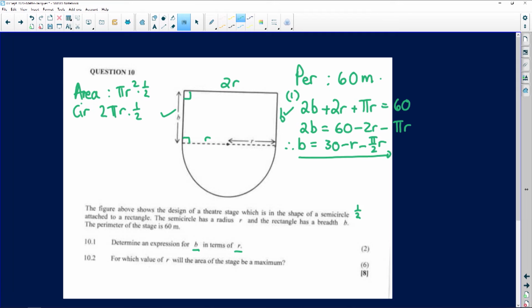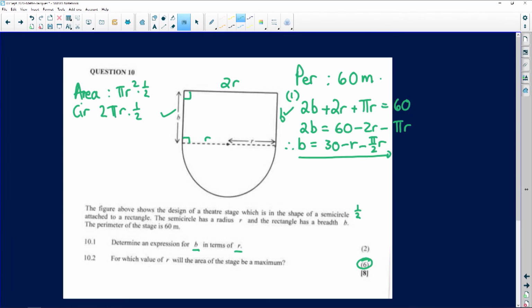Okay, let's see what they ask us now for 6 marks. They ask us to find the value of the radius so that the area of the stage is a maximum. So now we need the area of this stage, which consists of a rectangle and a half circle. Okay, so let's go for that immediately.